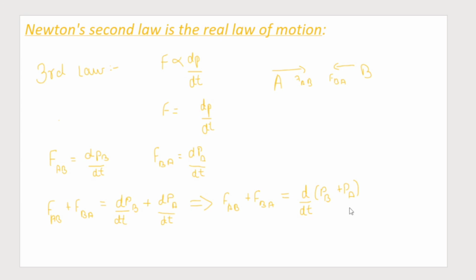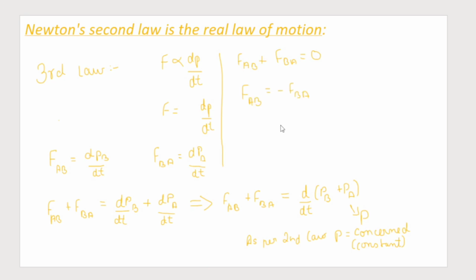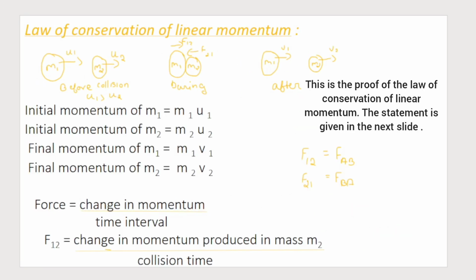Here P is the total momentum, and as per the second law, P is conserved, which is basically constant. We get FAB plus FBA is equal to 0. Equalizing the forces, we get FAB equal to minus FBA. Hence proved.